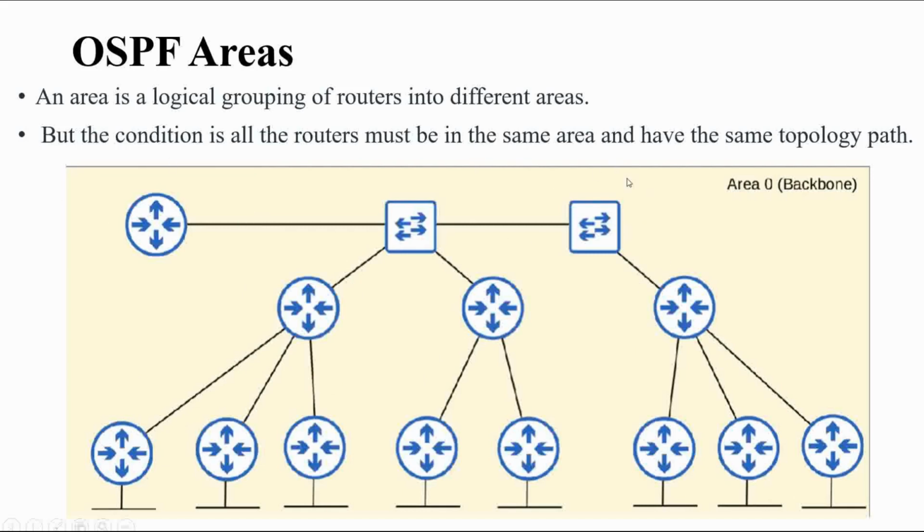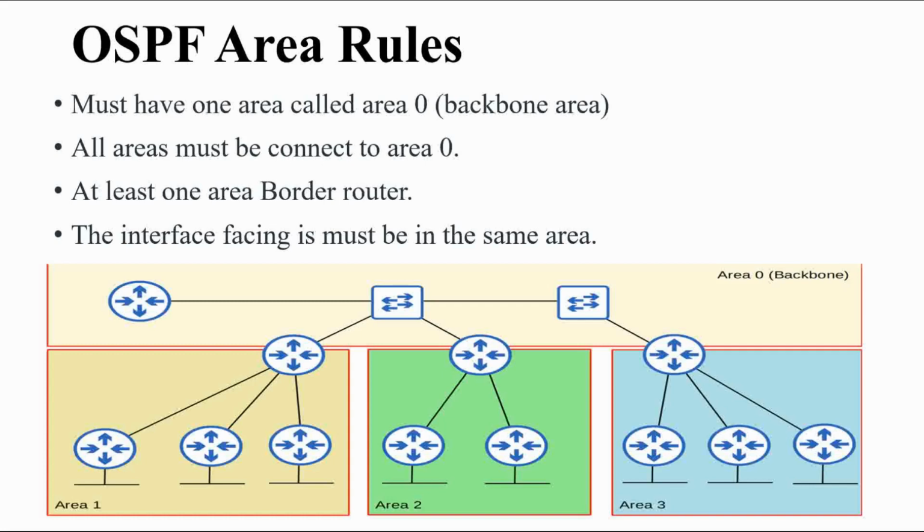So they must be in the same area and also share the same database. So the only advantage of this area is used for what? Solving different complex problems: space problems, CPU process problems, and also database problems. So to solve these problems, what do we use? We use OSPF areas, categorizing a single topology into different areas. That is the advantage of OSPF areas. The other thing is that OSPF areas have rules. When we categorize the areas, there are different rules.